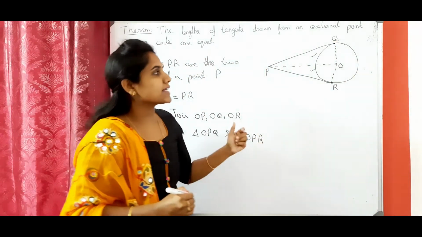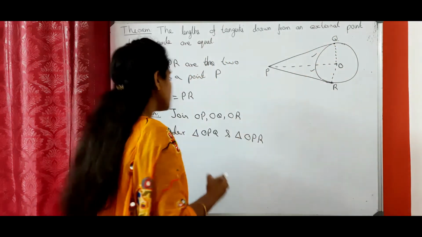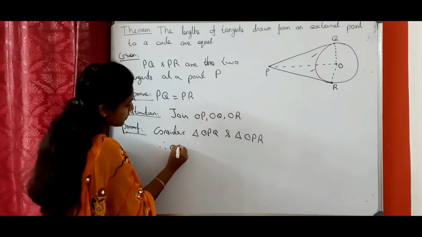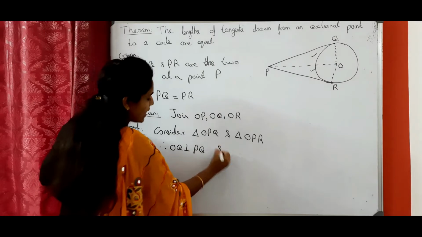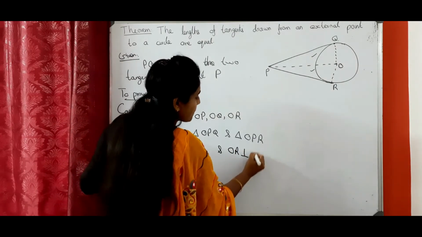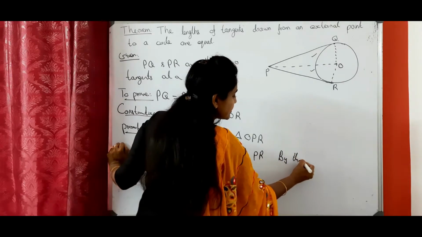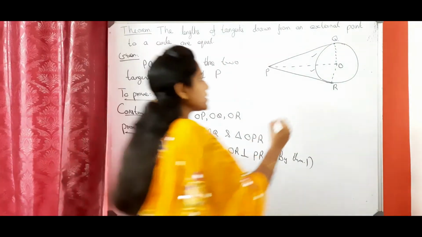So using the theorem, we can say OQ is perpendicular to PQ and also OR is perpendicular to PR, by theorem 1. Perpendicular means what?